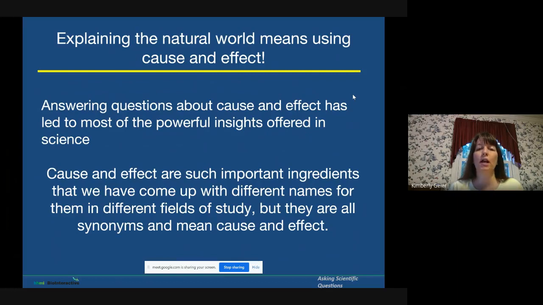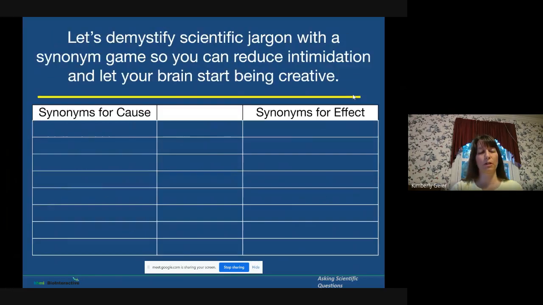Answering these kinds of questions about cause and effect is incredibly important and leads to some of our huge ideas in science. So, we're going to focus for the next few minutes on this idea of cause and effect. Not every part of science is about cause and effect, but a large part of it is. So today we're going to study that a little bit.